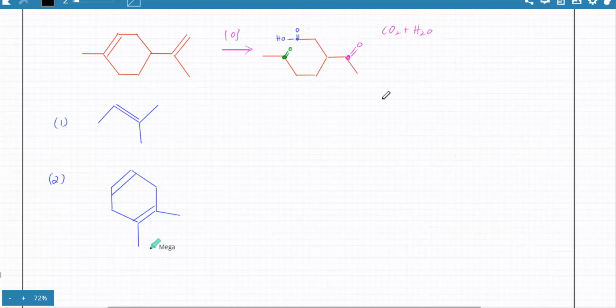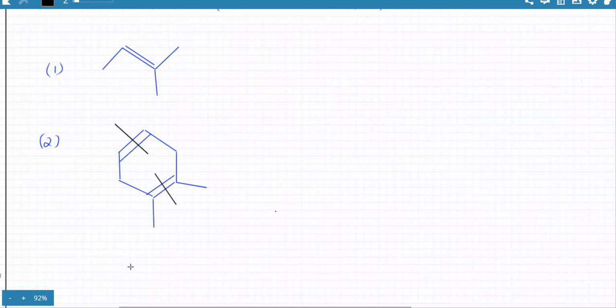What would happen in this one is, let's just keep this. These are the two carbon atoms, right? So the double bond is going to completely break in the middle. What would this change into? This was scenario number two, right? It was going to form a carboxylic acid.